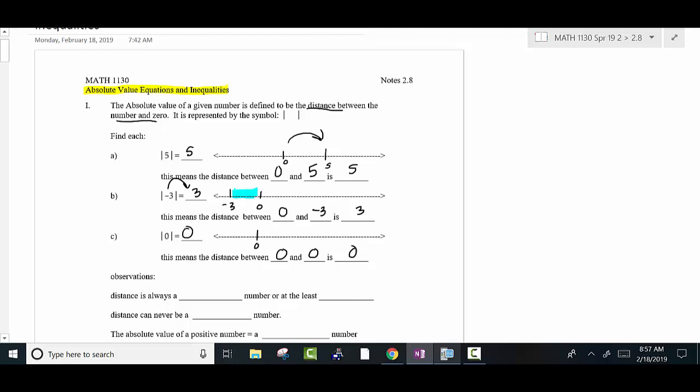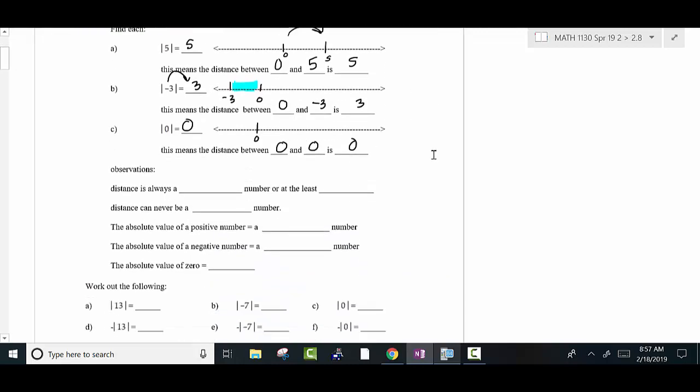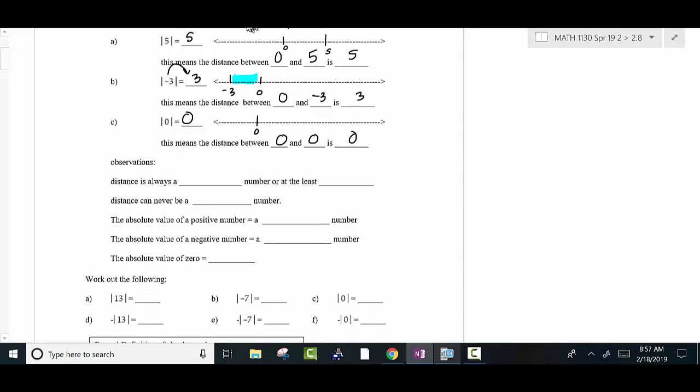So that's kind of what you get with absolute value. You want to think of it as a distance, and that will help you with the problems we do, and it'll certainly help you in calculus when you do the definition of a limit to think of it as a distance. A couple of real simple things: we know that distance is always a positive number.